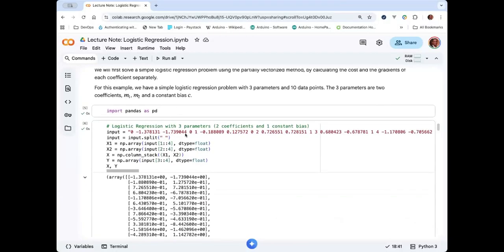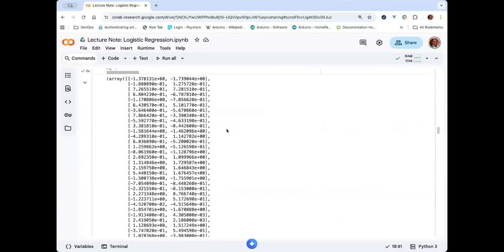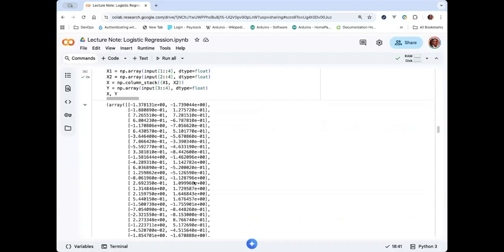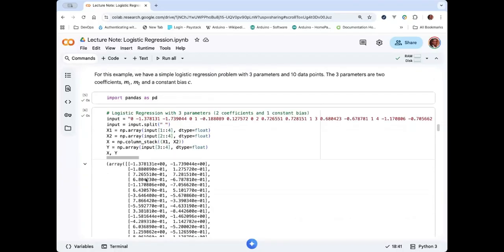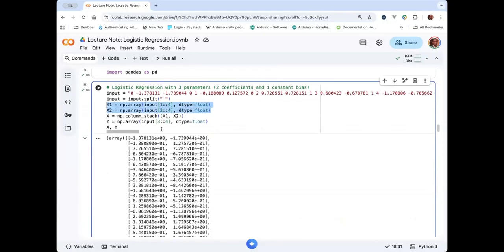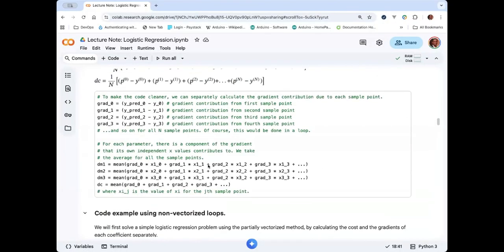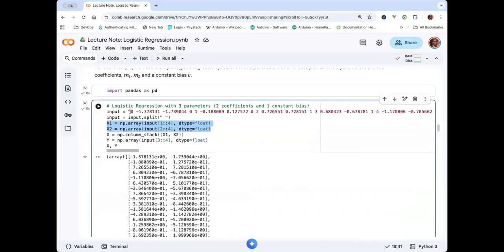So if you look at this example, we have 2 independent variables, and that is x1 and x2, just like what we did before. And this is just a way of extracting those x1 and x2 values, and the y values from this list here.